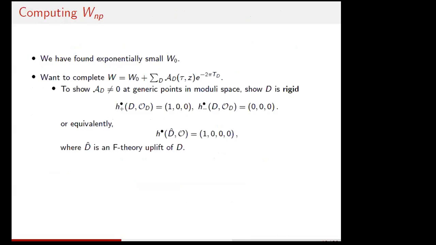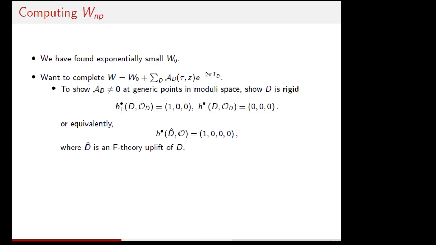What you need to do in order to ensure that some non-perturbative superpotential terms are not vanishing is to ensure that the divisor in question is rigid. By doing so, what you can show is that the one-loop Pfaffian of some particular terms is not zero at generic points in the moduli space. Basically, it means that some divisors have no Wilson-line moduli, no deformation moduli.